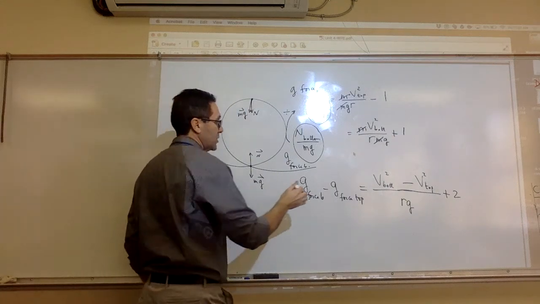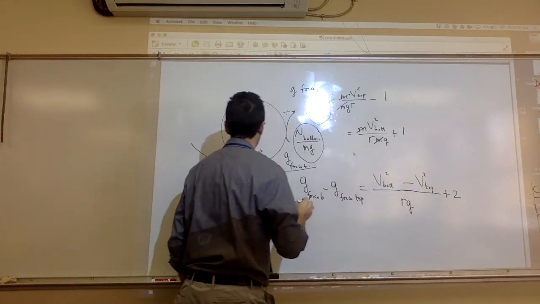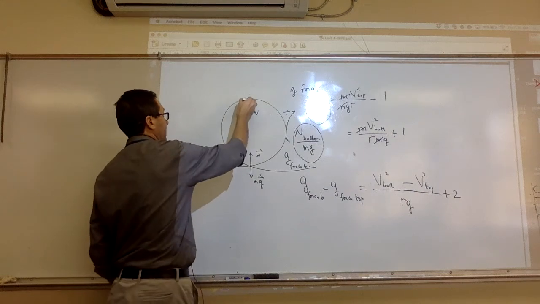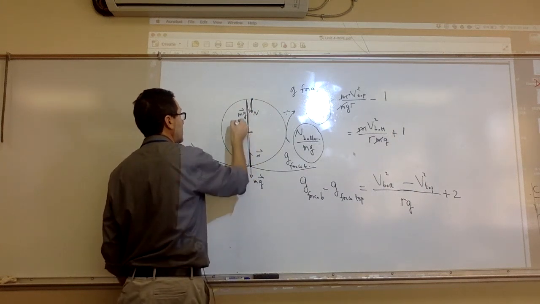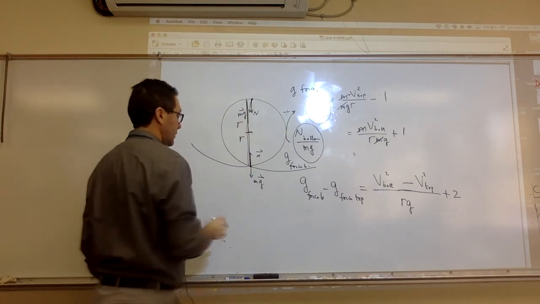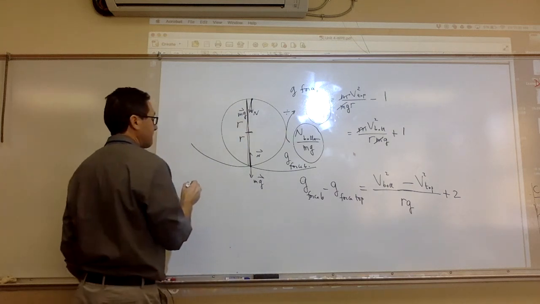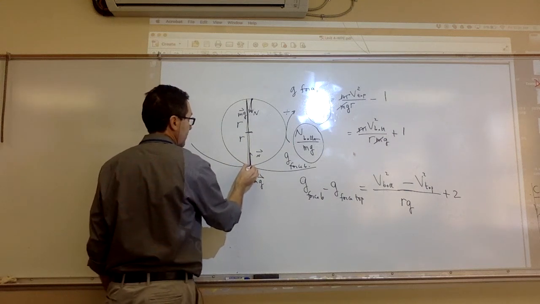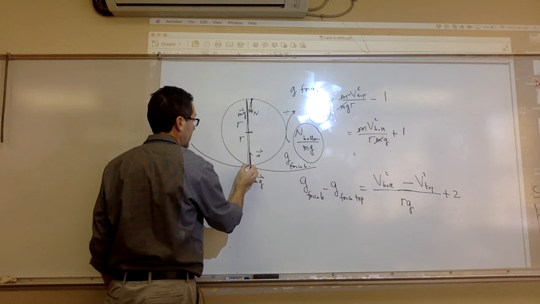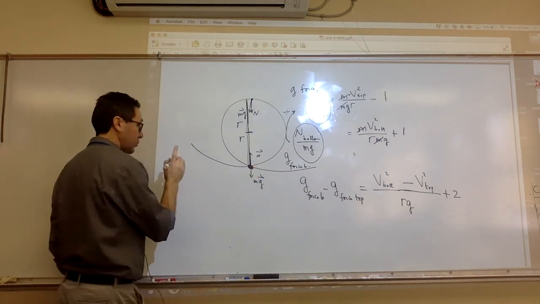Now we just have to worry about this difference here. This is r, and this is also r. So let's look at the kinetic energy down here. I'm going to do conservation of energy.